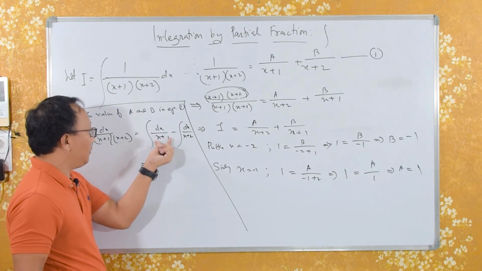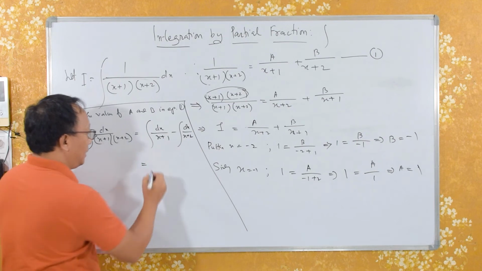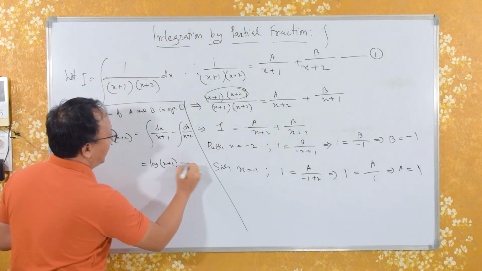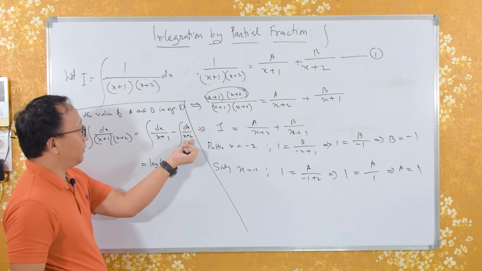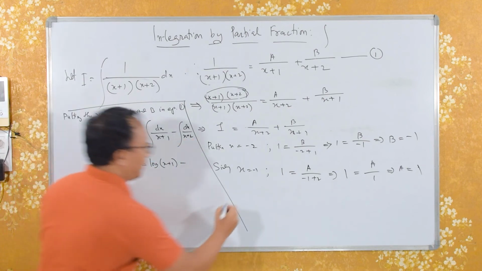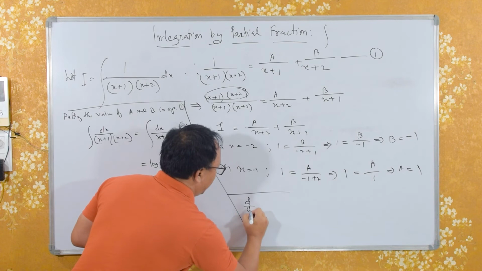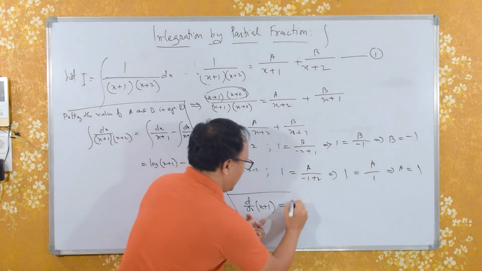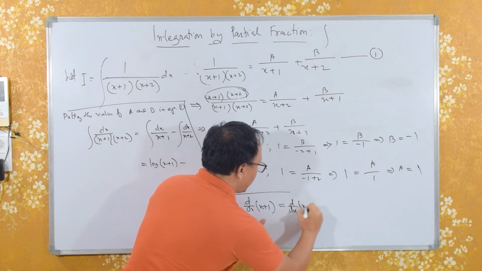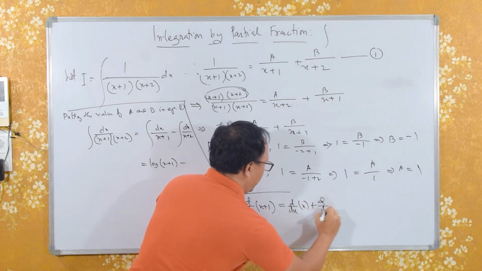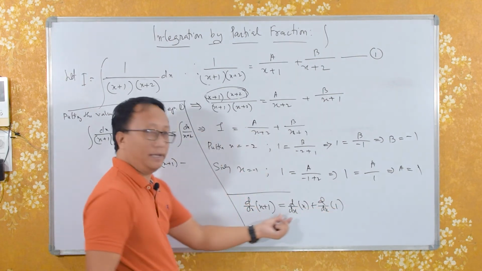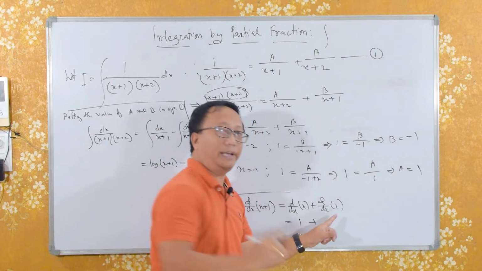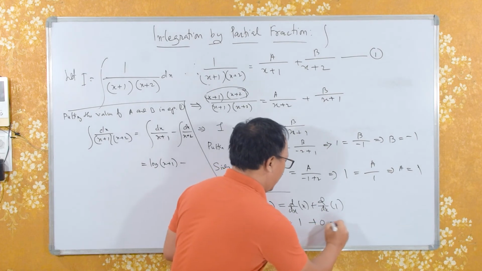Differentiation of this one gives this, therefore this is log of x plus 1. Differentiation of x plus 1 is d by dx of x plus d by dx of 1. D by dx of x is 1, and differentiation of any constant is 0. So this is 1.